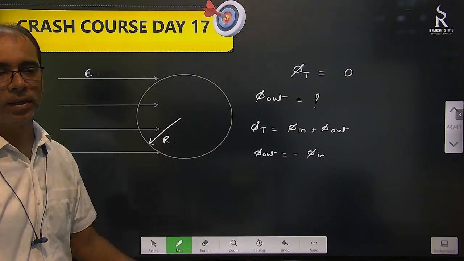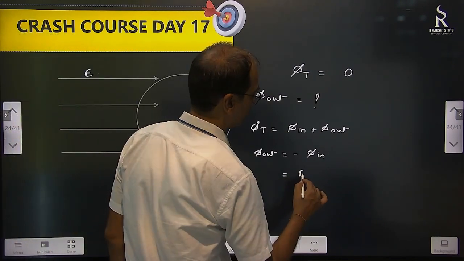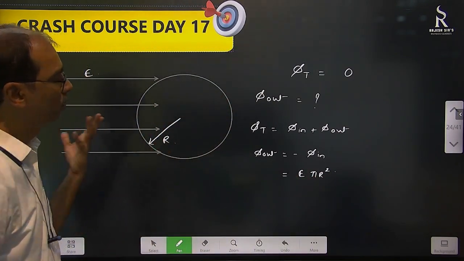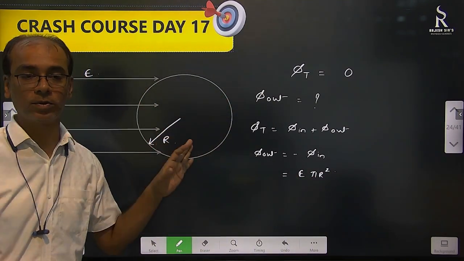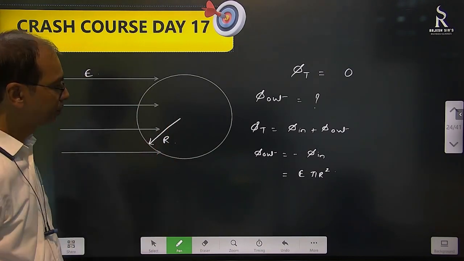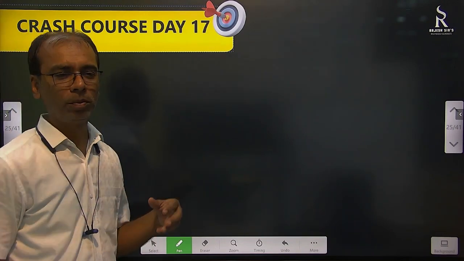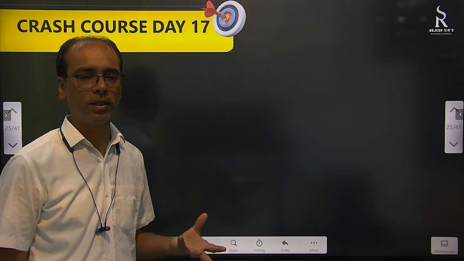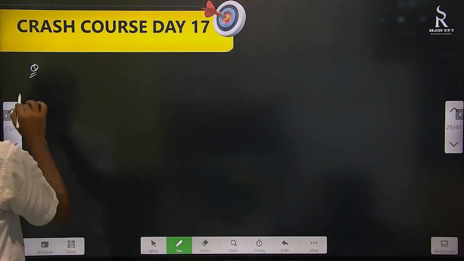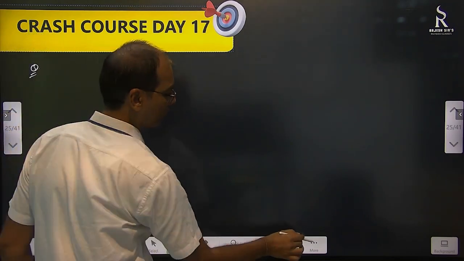So E into pi r square, since the radius I have already given. So no 4 pi r square, no 2 pi r square. General questions related to cube, charges inside, I am not giving you. Some different types of questions I am giving so that you can recollect what is happening.